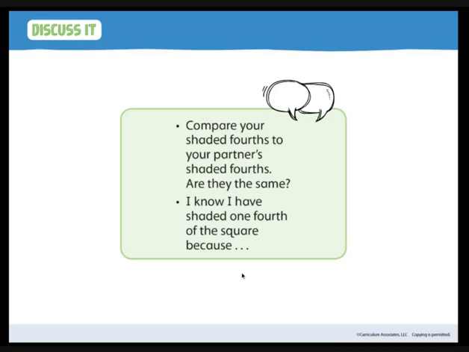I have shaded 1/4 of the square because, can you maybe think about that?